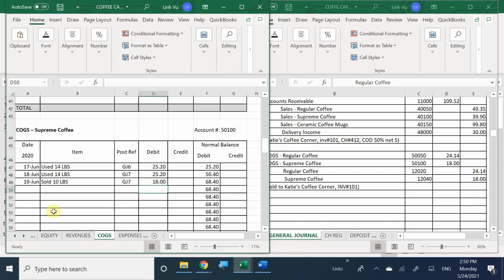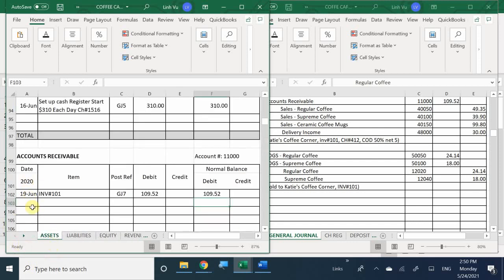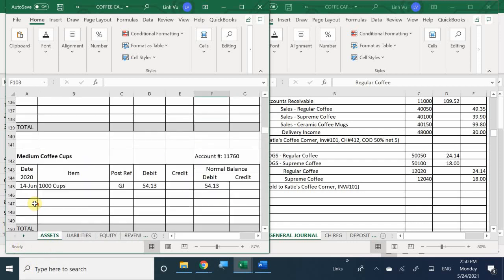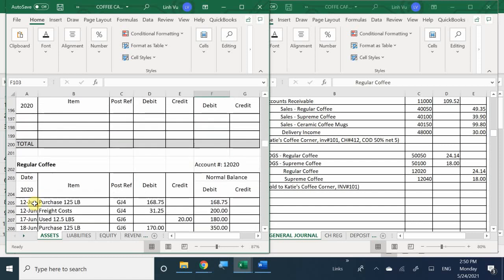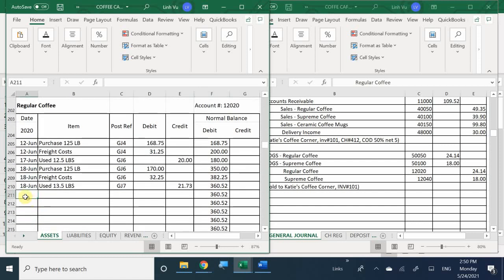Then we need to go to our assets. We got to update our inventory. Regular coffee, should be 619. I put sold 15 pounds, invoice 101. GJ7 and credited 24.14.